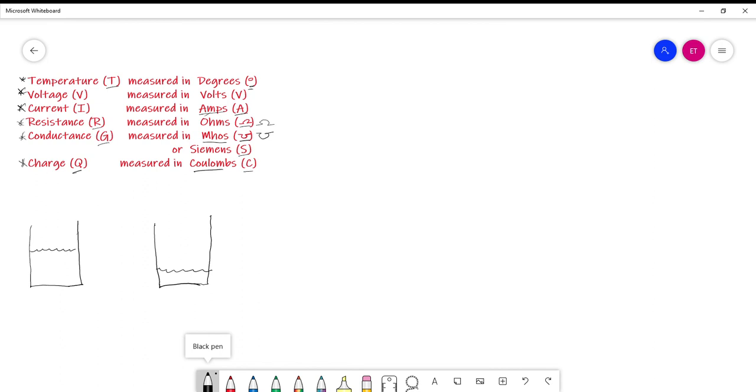And in our water analogy, we had 2 different points. There's a water level there and a water level there. And the difference there is our voltage, a difference in charge. And then if you remember, we can provide a path, and the path that we provide has properties of how easy or difficult that path is to get through. That would be conductance is how easy, resistance how difficult.